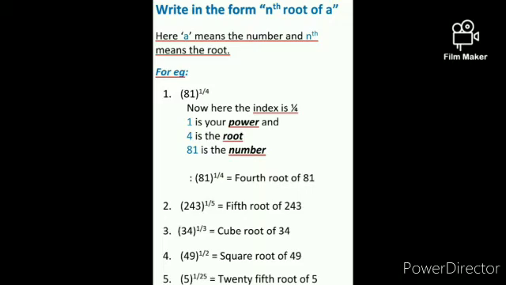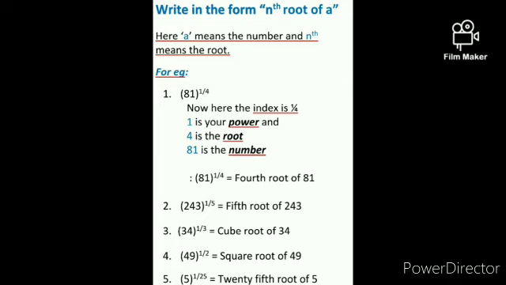Now here, the index is 1 upon 4, which means fourth root. So here 1 is your power and 4 is the root and the number is 81. So how will we write 81 raised to 1 upon 4? Fourth root of 81. Very good.